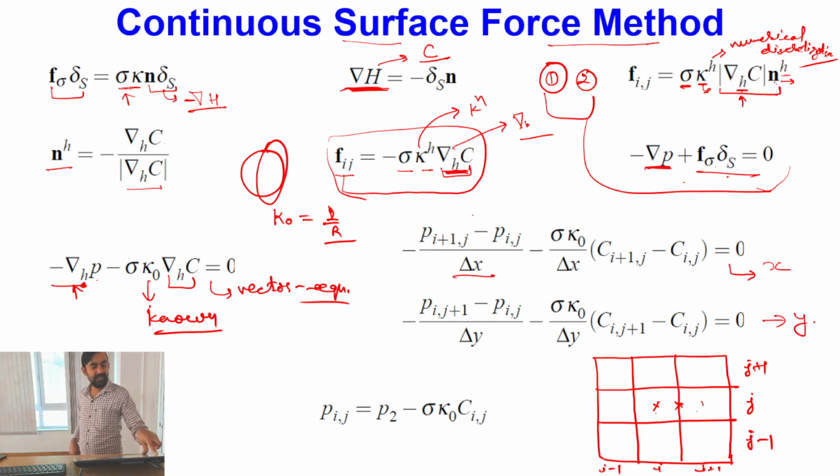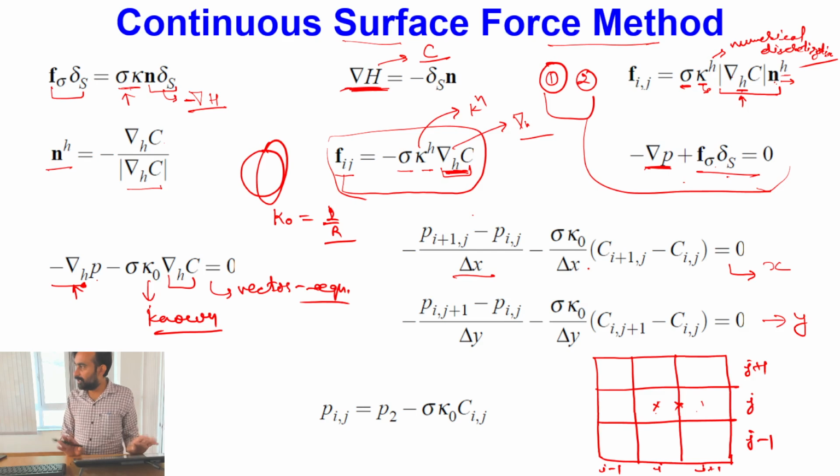First I am only dealing with the terms which have the x component. So the x component will be P of i+1,j minus P i,j by delta x, and for del c by del x, it will be C i+1,j minus C i,j divided by delta x, and sigma K naught is a constant.